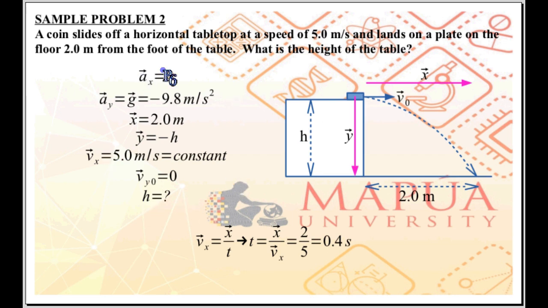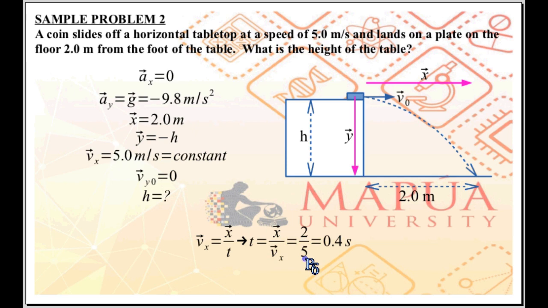After dividing the variables into x and y components, we now analyze each component separately from each other. Starting with the x component, uniform motion, you have Vx is equal to x over t. If we isolate t, t is equal to x over Vx. We know x, we know Vx.